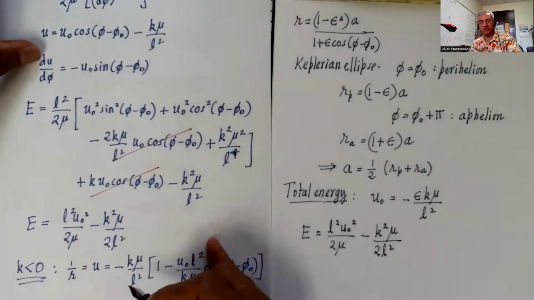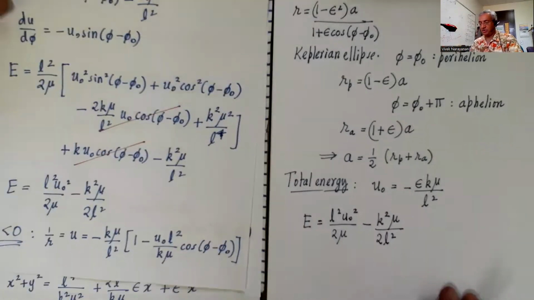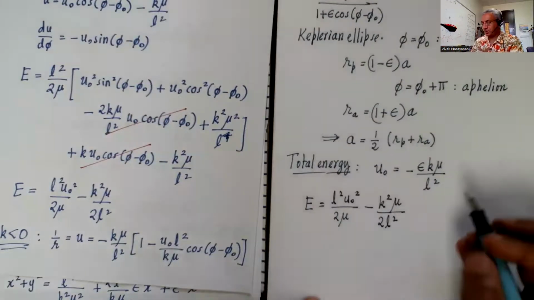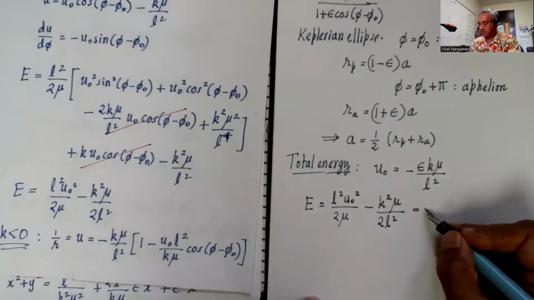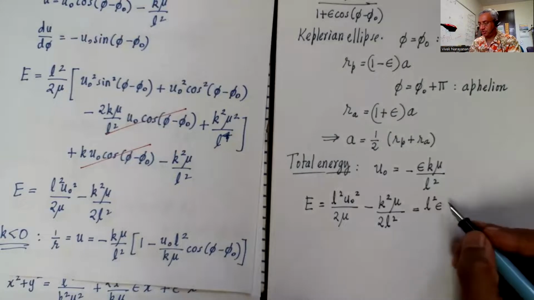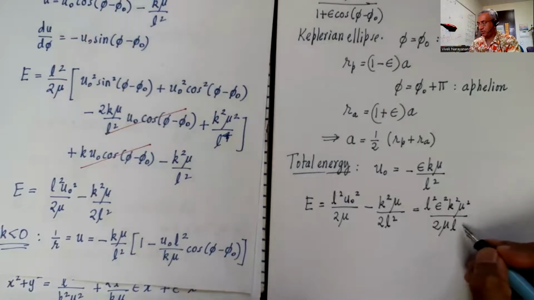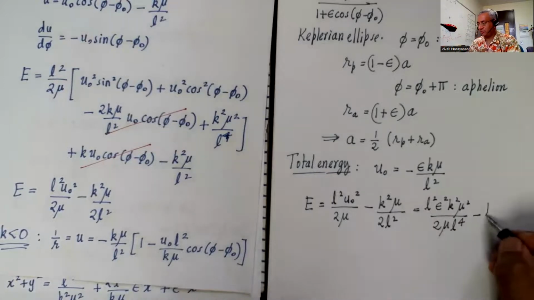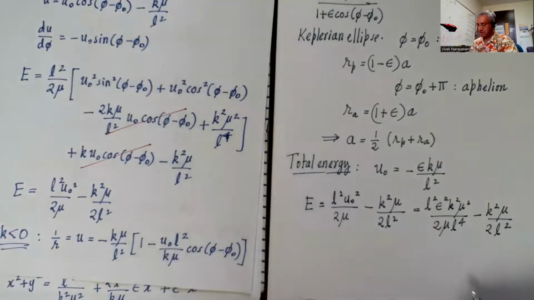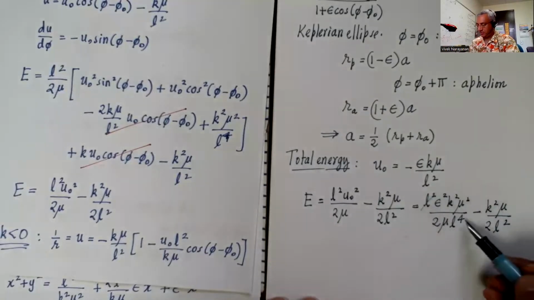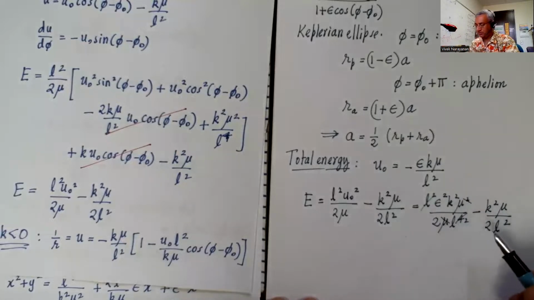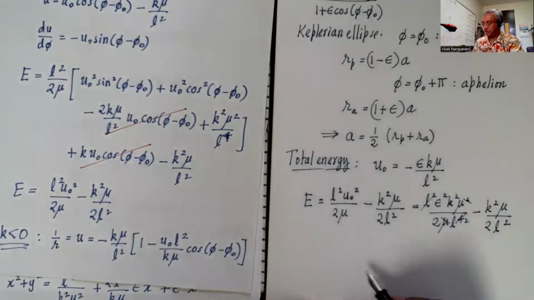So I'm going to substitute what I have in there. So that gives me L squared epsilon squared k squared mu squared over 2 mu L to the 4 minus k squared mu over 2L squared. One factor of L squared, I get a factor of mu. So this is identical to that.